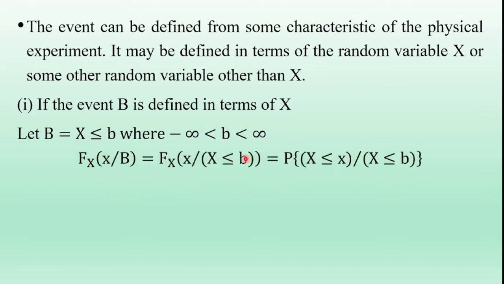Therefore, the conditional distribution function F_X of x by B is equal to F_X of x by X less than or equal to b, which is equal to probability of X less than or equal to x given X less than or equal to b.